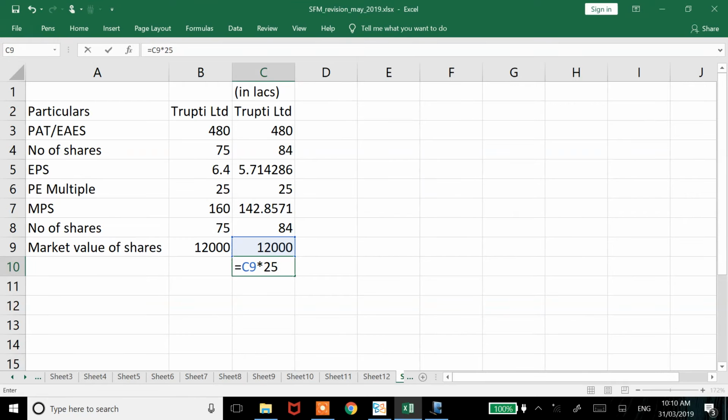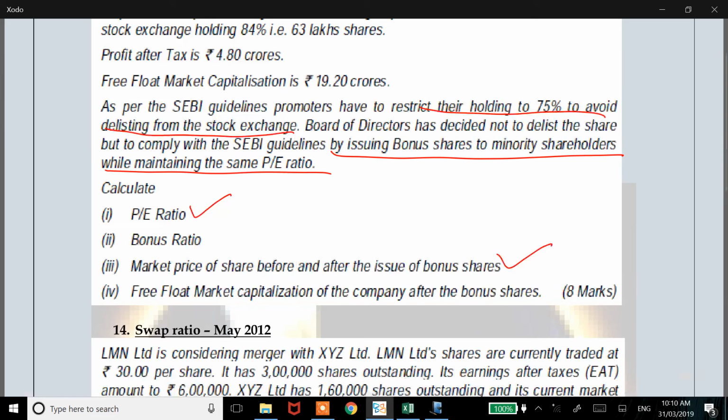Why will you give free shares to minority shareholders? You will sell the shares in the market. So the free float market cap will go up now to 3,000 or 30 crores, from 19.2 crores.